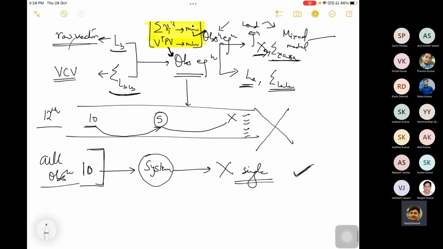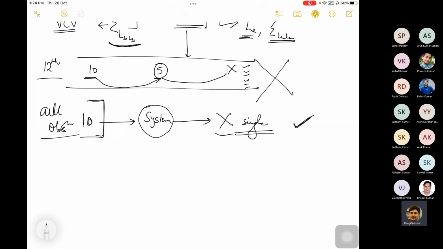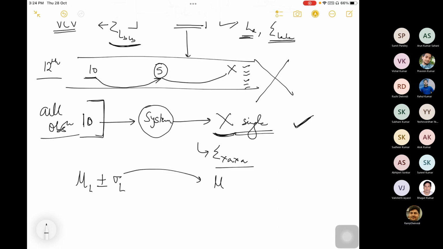But again, as a geoinformatics professional, our purpose will not be solved with only a single X. What we need is the associated variance covariance matrix every time. Why? Because if you remember our previous few classes where we were studying error propagation, we were always giving you the observation plus the associated variance or standard deviation.